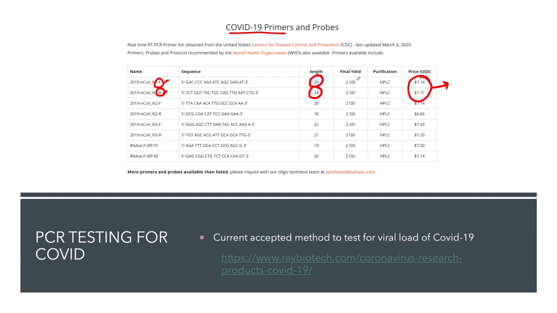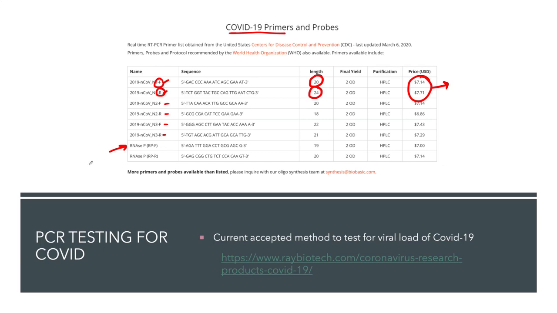And here OD stands for optical density. This is a measurement that gives us a general idea of how many copies these primers will yield using the thermal cycler protocol that is provided with them. So you can see there are lots of different primers that are available. Now, RNase here is used for the reverse transcription.